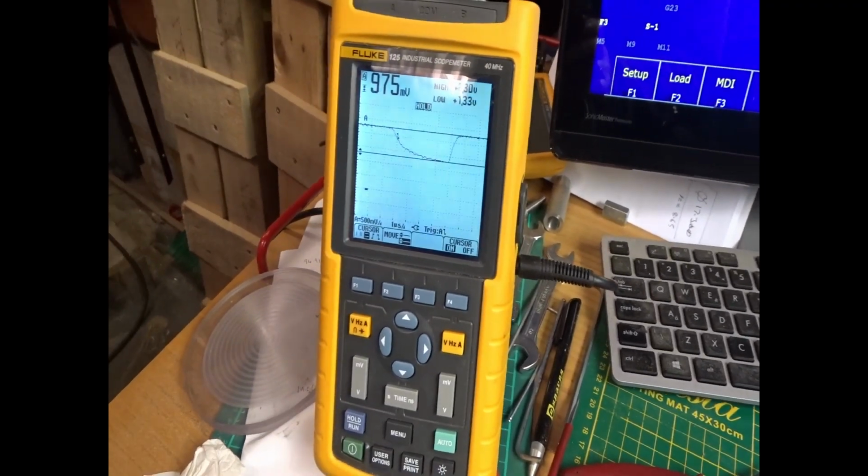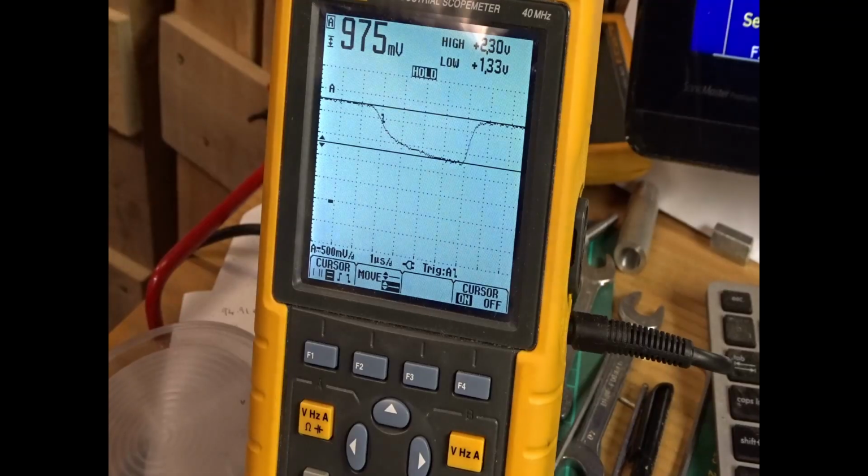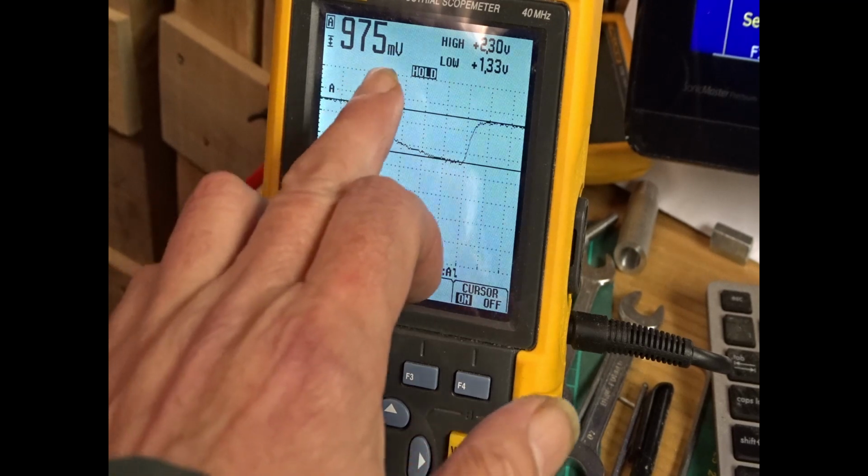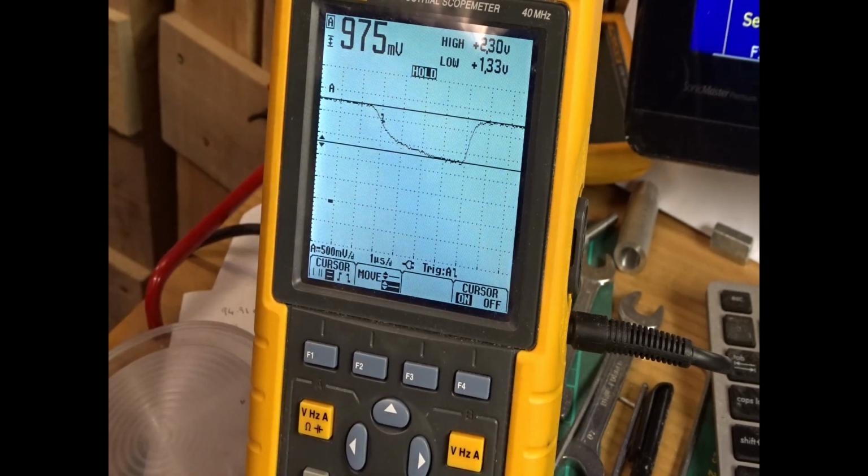But what happens when I use that circuit is, let's see on the scope. So that's with the scope across the pulse plus and pulse minus on the stepper motor. And I've got 975 millivolts difference. That's the drop.